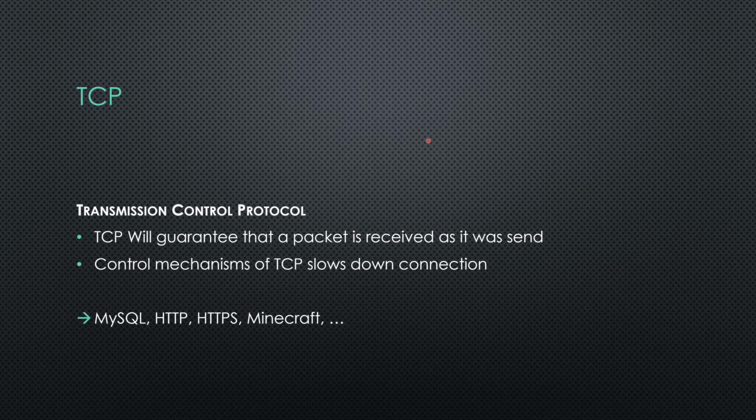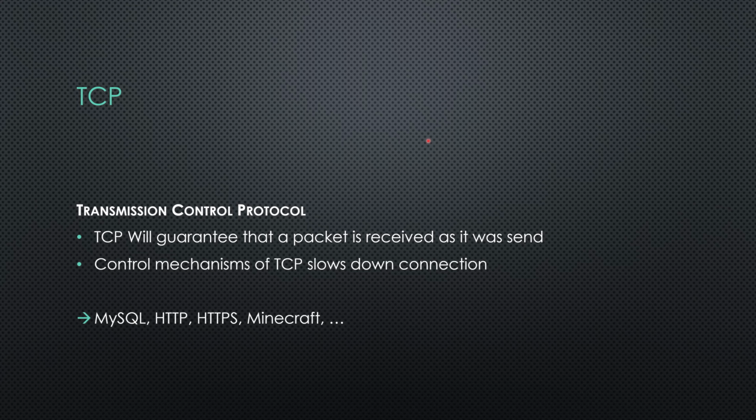We cannot just say, okay, maybe I send another packet first. No, we need to wait until it's there. And if the packet fails to be sent, or is dropped, or there was an issue on the way, the data got corrupted, whatever, TCP will resend it, and these control mechanisms slow this connection down quite a bit.